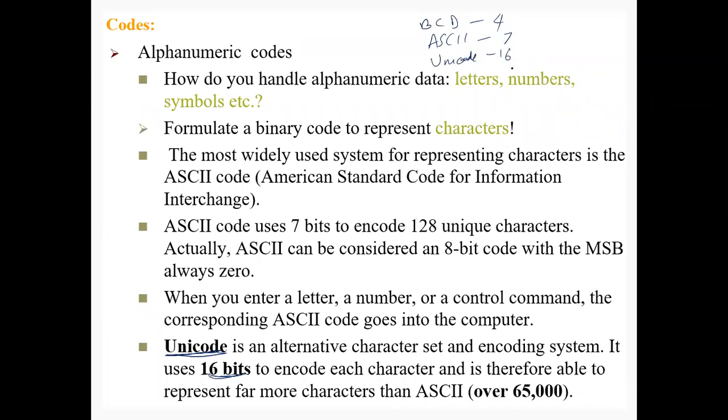Can you help me here? How many characters can be represented by using Unicode? 2 to the 16, right? That's a lot. So Unicode can represent more than 65,000 characters now. It's a lot.